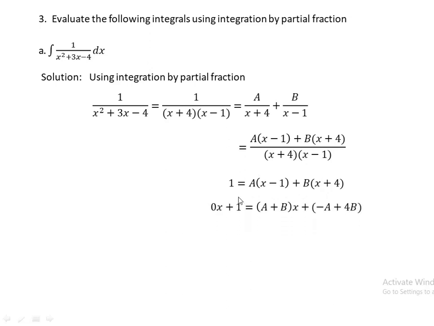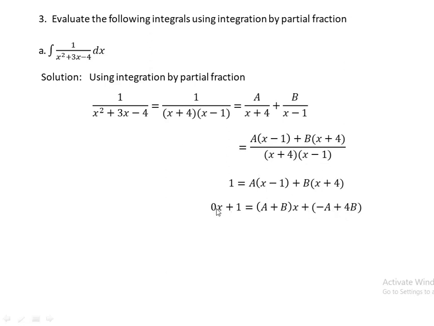Now by rearranging, 1 can be written as 0 times x plus 1. And a times x minus 1 plus b times x plus 4 can be simplified as a plus b, the whole times x, plus the whole of minus a plus 4 times b.